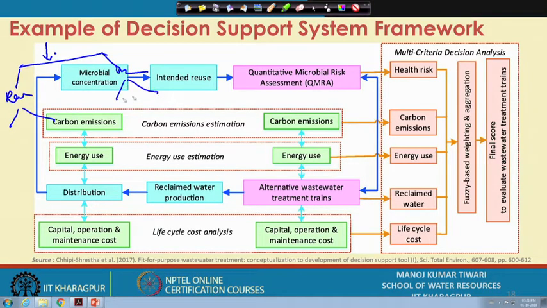So again based on this, the treatment options available, for each treatment option cost, energy. That way we can make a chain, and starting from one point and following it towards the end, we can come up with a system to evaluate the various available options, analyze the pros and cons of these options, and come up with a preferred solution.